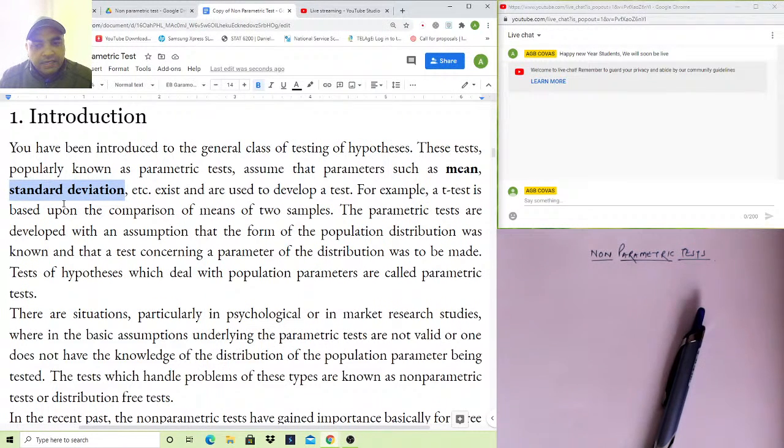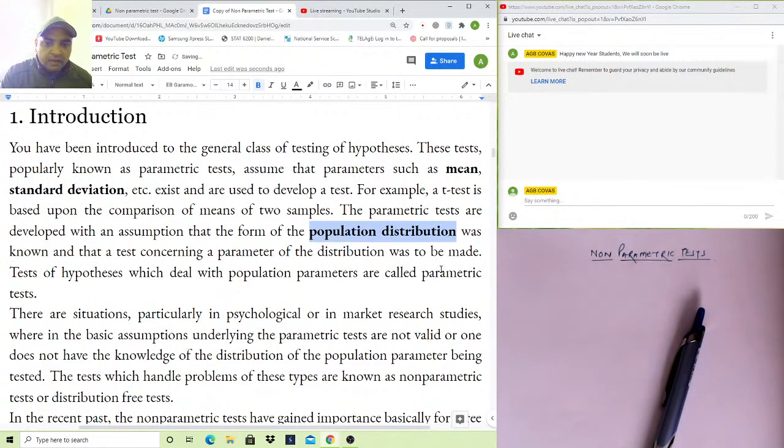The parametric tests which we have studied earlier are developed with an assumption that the form of the population distribution is known, that is, the distribution pattern of the population from which you have taken your sample is known, and that a test concerning a parameter of the distribution is to be made.